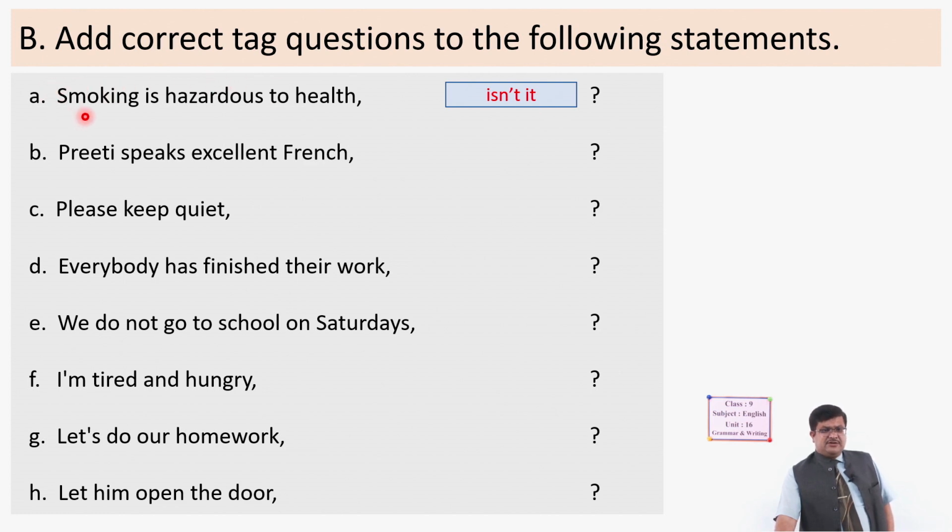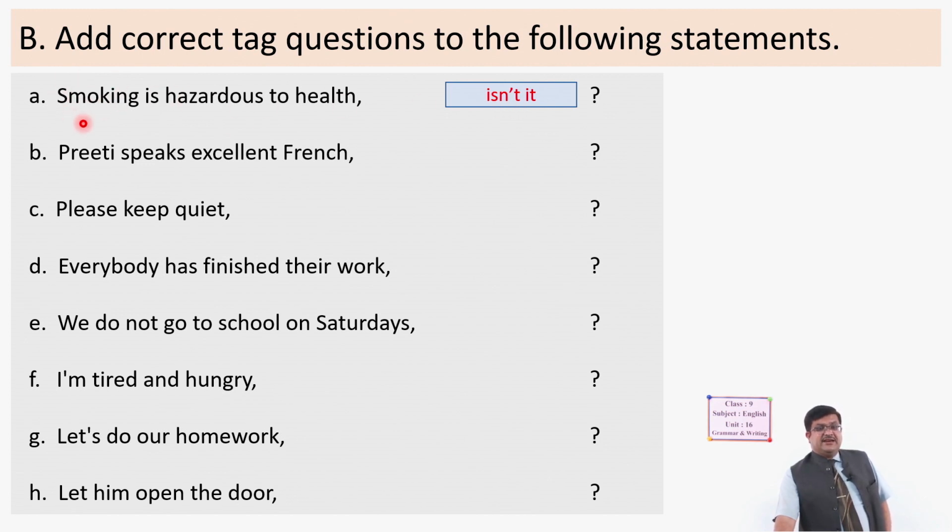And now, smoking is hazardous to health. So this is an affirmative sentence. So what is our rule? The general concept of tag is when the statement is affirmative, then the tag must be negative, so that we made it into isn't.